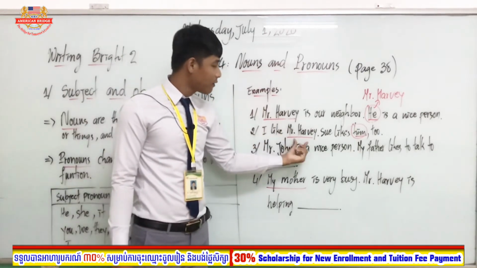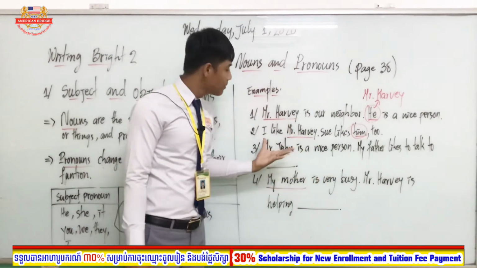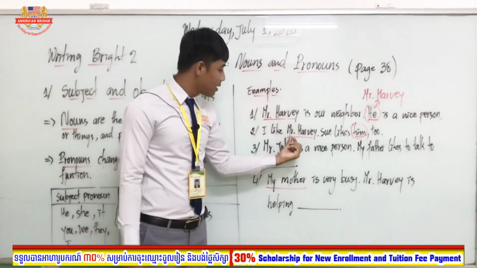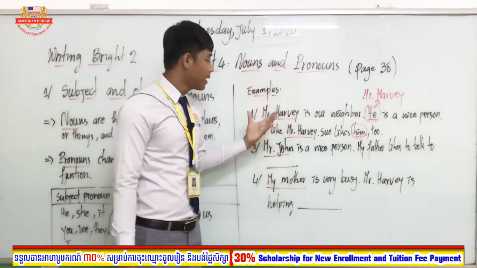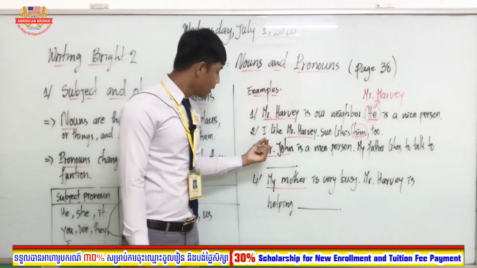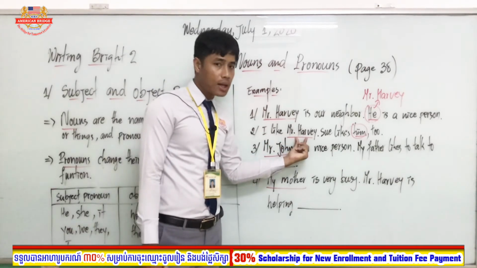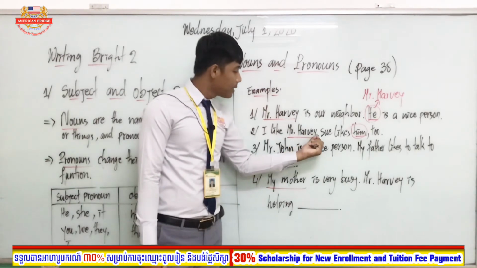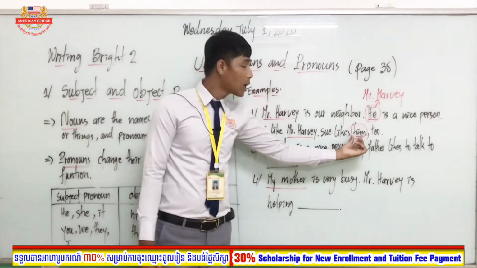I like Mr. Harvey. Sue likes him too. Okay, so look at this. What have I underlined over here? Mr. Harvey. Who can tell me is it subject or object? So this is subject, right? This is verb. This is object. So Mr. Harvey over here is an object. And Sue likes him too. So him over here is an object.